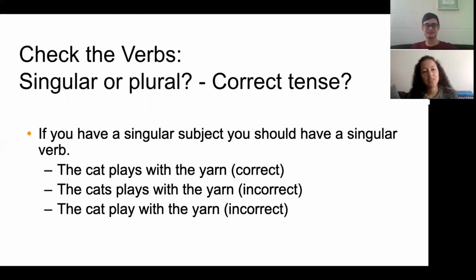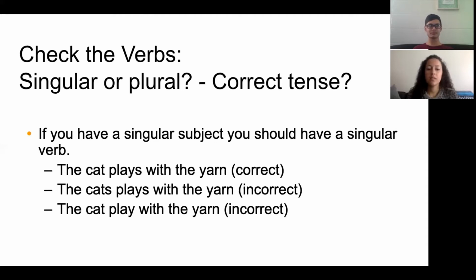Another thing you want to do is check the verbs. You want to make sure that you are placing them in correct tenses, as well as making sure that singular or plural are also being done accordingly to your sentence. So, for example, if you have a singular subject, you should have a singular verb.